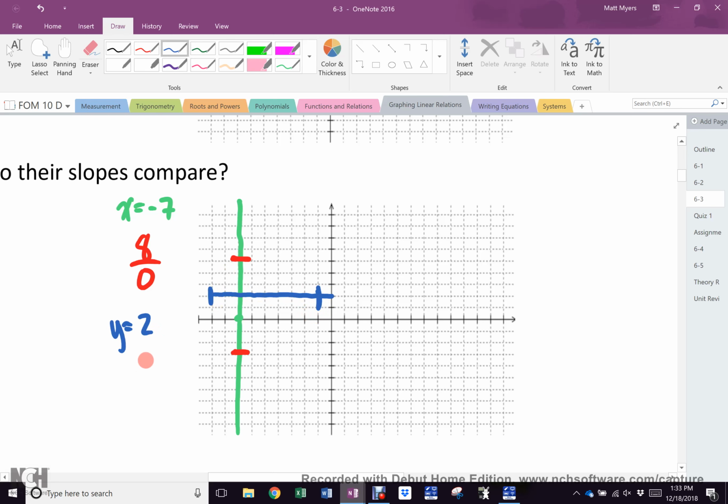Everyone cool? Yeah? Okay, let's make that line. What's that guy's slope? 6 is the run. 1, 2, 3. Not 6 over 5. 5 over 6. 5 over 6. Agreed? Yeah.